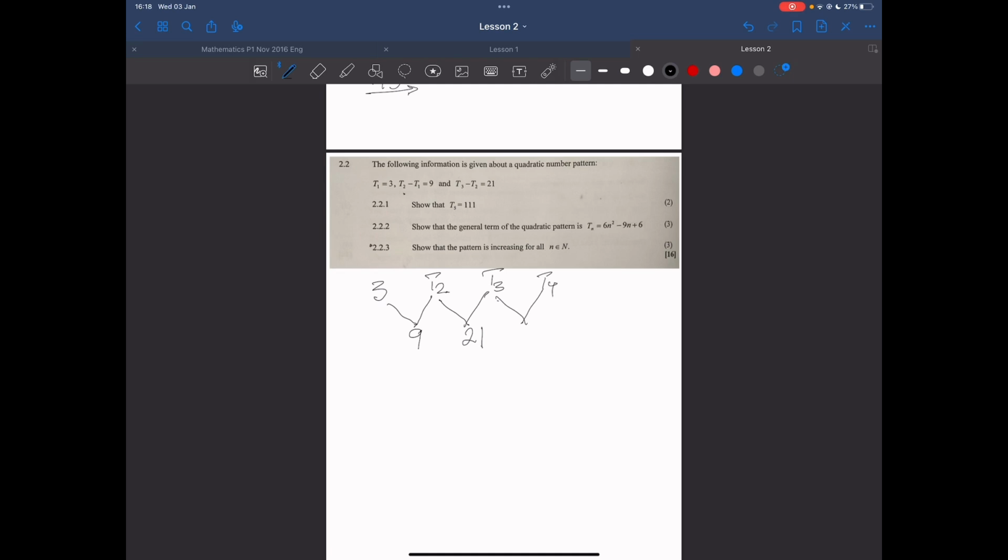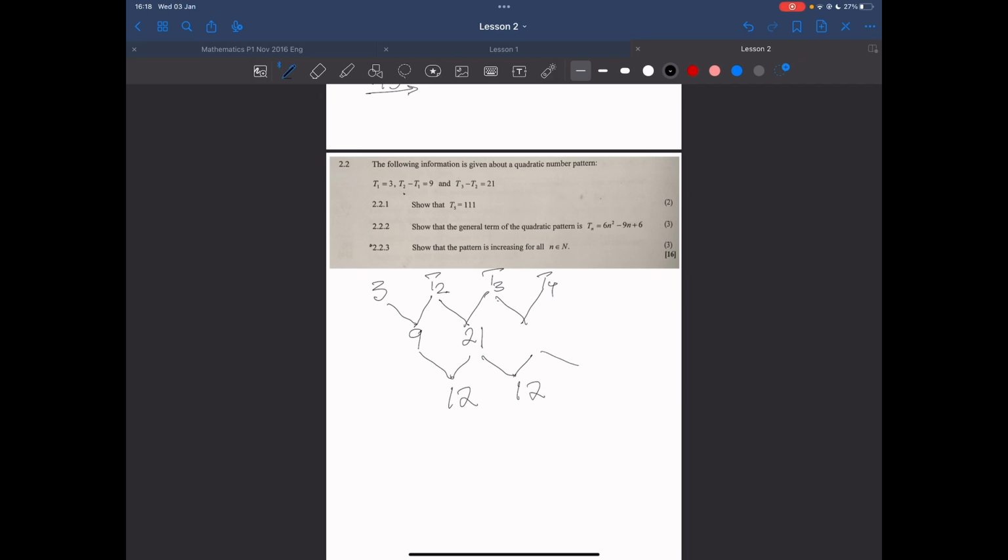So the sequence continues that way. So we have a term number 4. But they gave us that this is a quadratic number pattern, so in other words, there's the same common difference. 21 minus 9 is 12. So we therefore know that also here is 12.